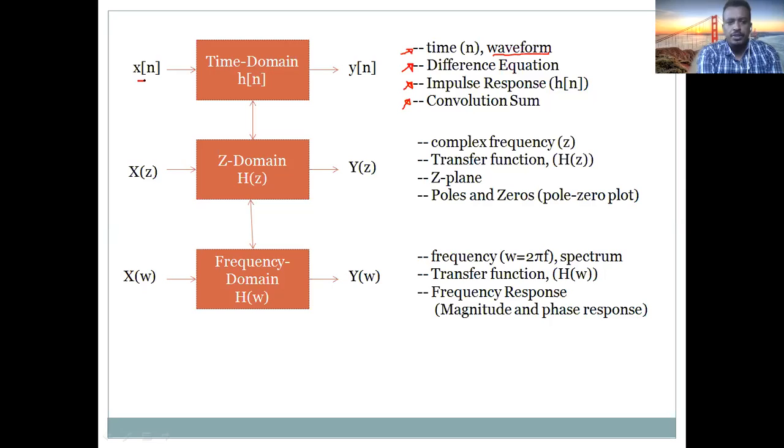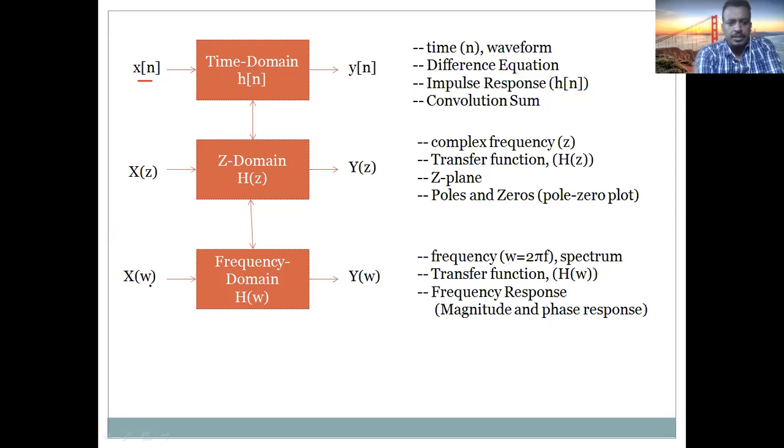For any arbitrary input, by convolution sum of x of n and h of n, we can determine the response y of n. That's generally the time domain representation of a discrete time system.